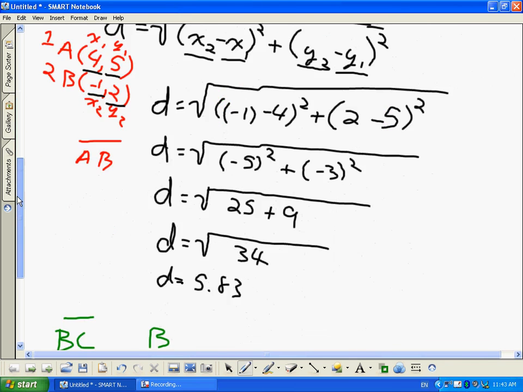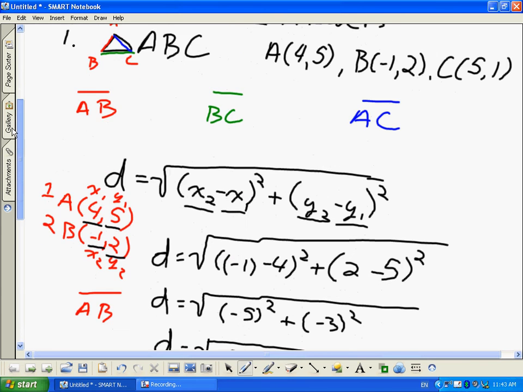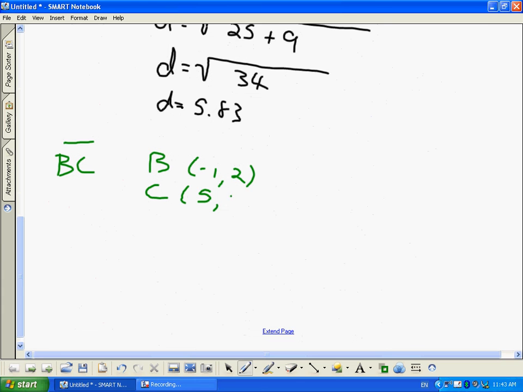B is (-1, 2) and C is (5, 1). Okay, so we have our coordinates as B and C. Same idea. Let's call this 1. Let's call this 2. So that's our x1, y1, x2, y2. We have that all down.